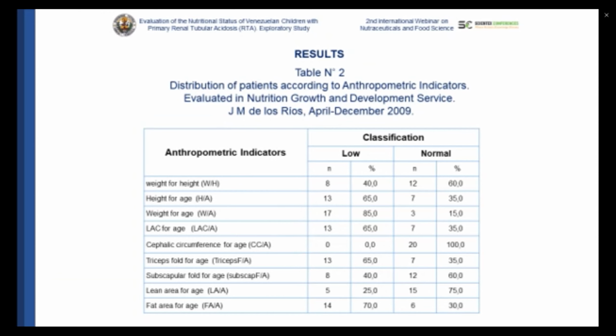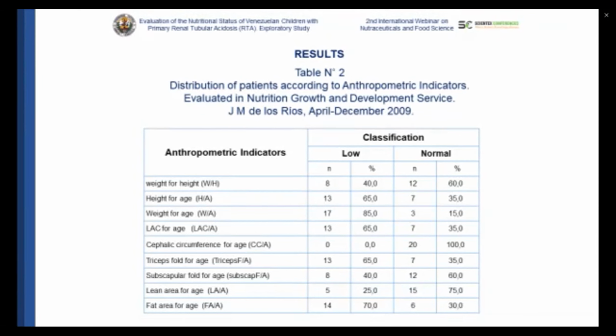When height for age is analyzed, 65% of the children were found to have low height, including low normal height, 3 cases, and low height, 10 cases. This situation is much more marked with the weight for age indicator, when 85% of children have a low weight for age classification.